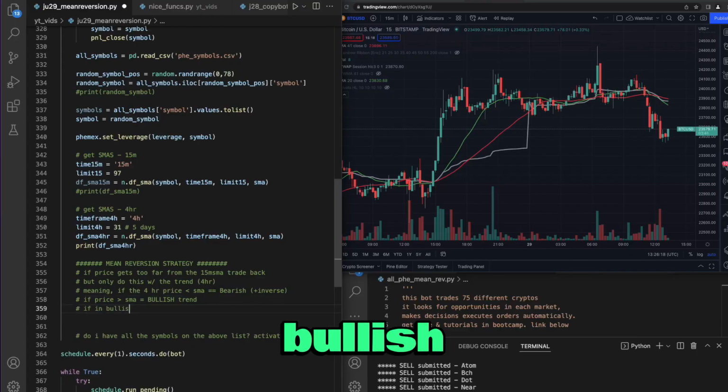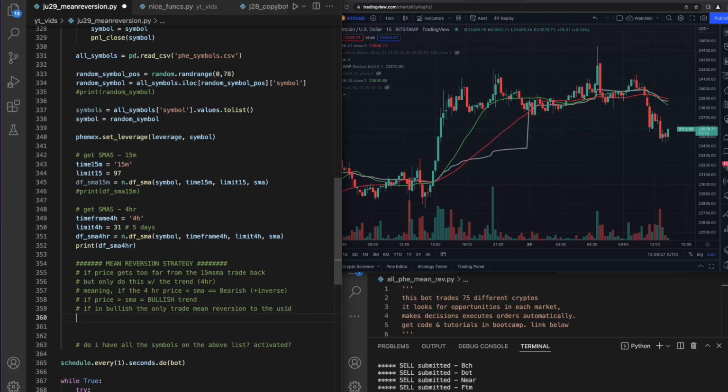If in bullish, then only trade mean reversion to the upside. If bearish, look for sells when price gets too high over the 15-minute.